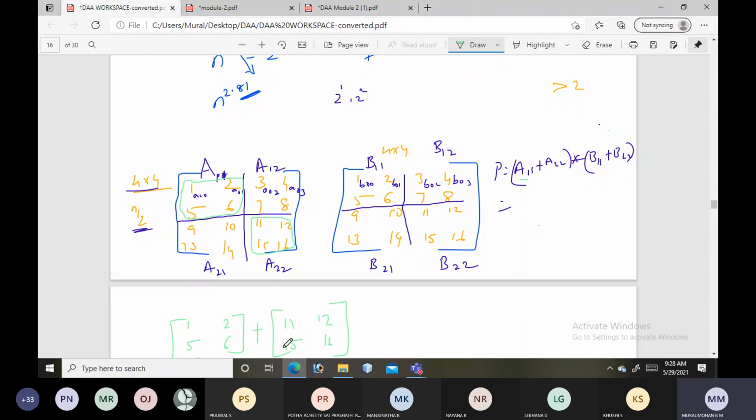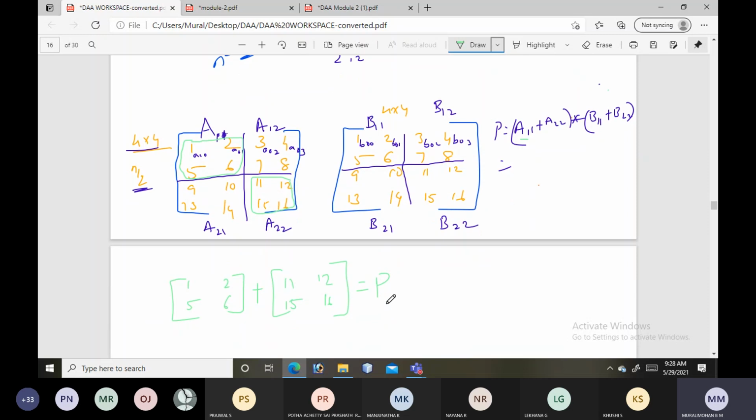So this is equal to the P matrix. Is it clear? This is A11 and this is A22, right?